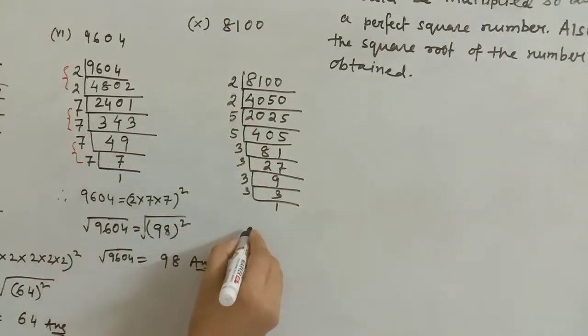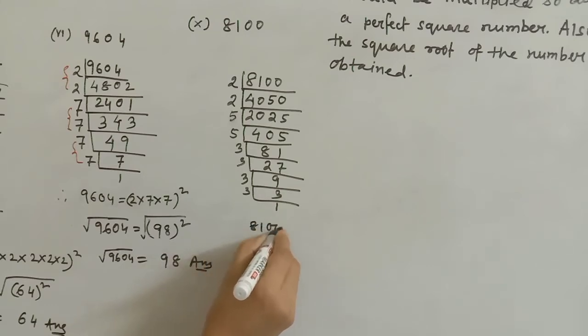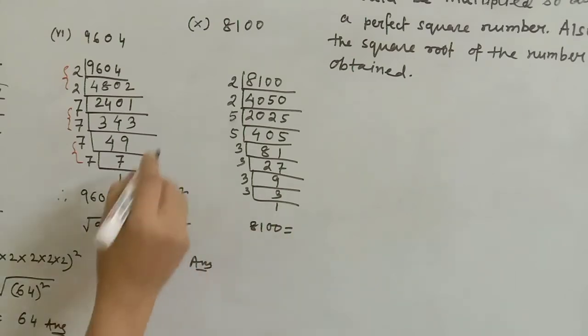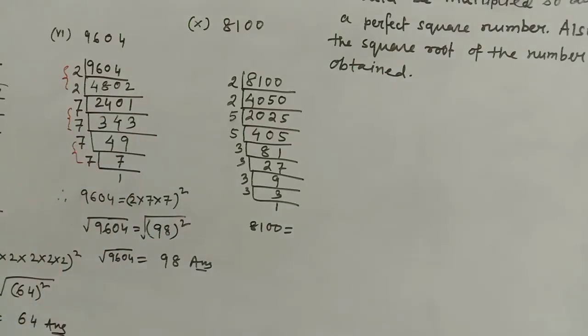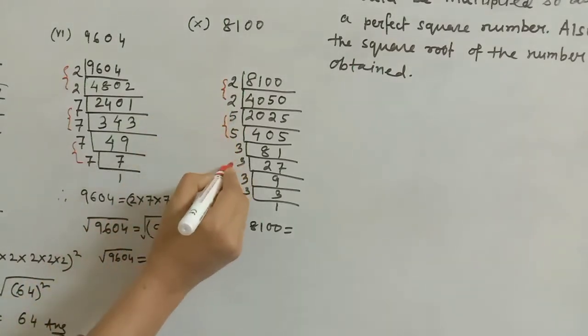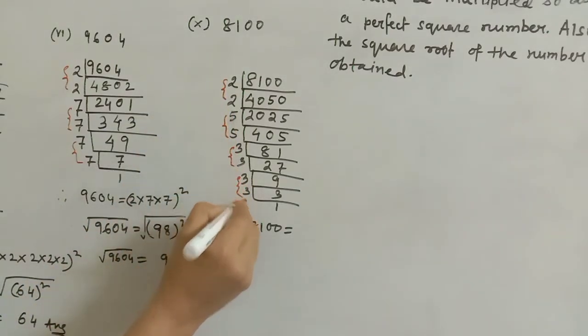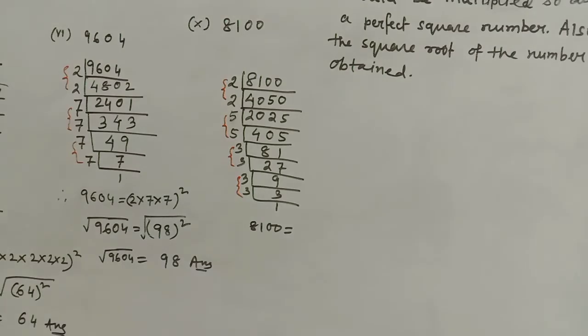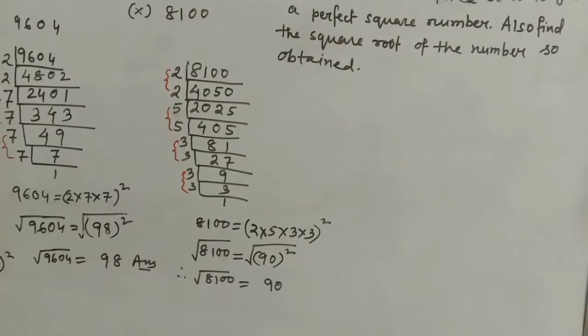So what numbers are we getting here? 8100 is equal to, we have to find the pairs of the numbers. One pair, another one. In this way, how many pairs of the numbers are we getting?